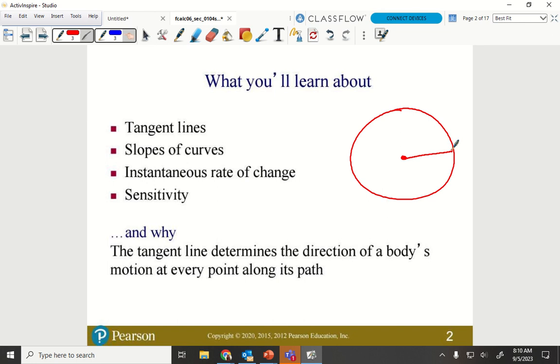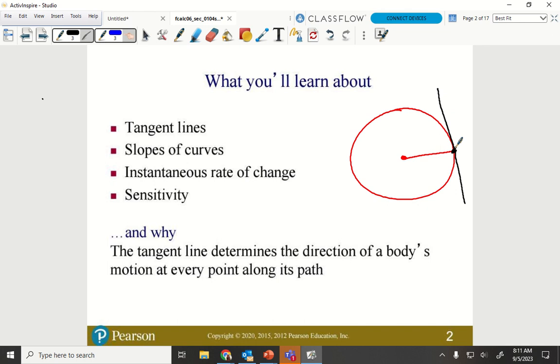And the tangent line would be what? The line outside of the circle, and it touches at that certain point of the circle. One point. Only one point. So that would be a tangent line, touching the curve only at one point.